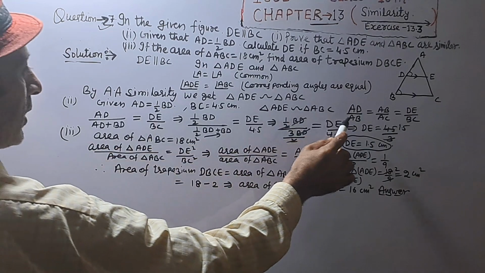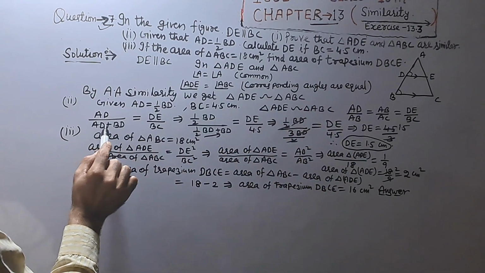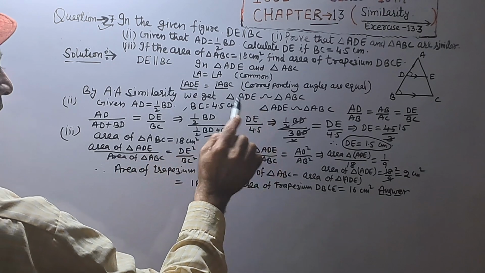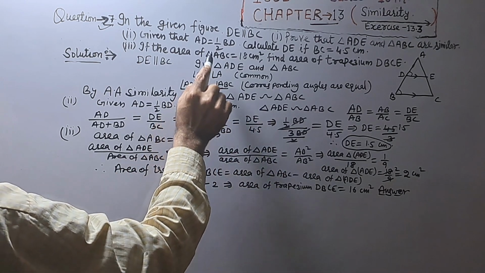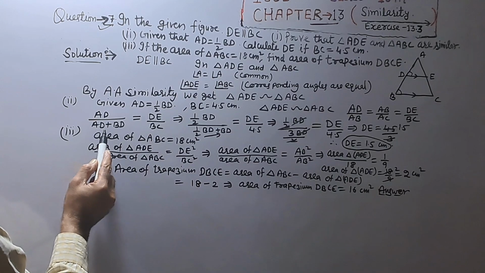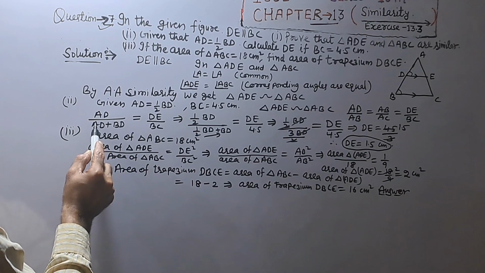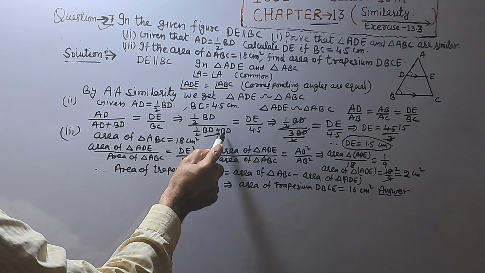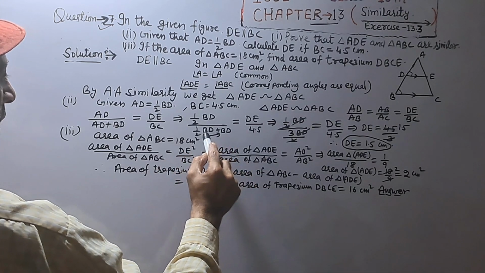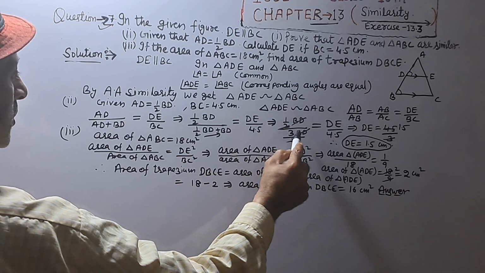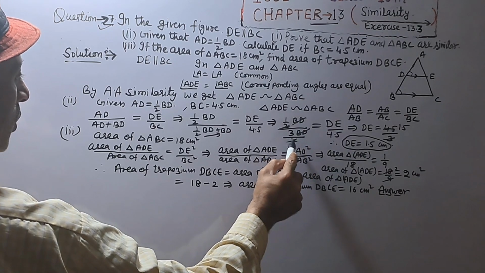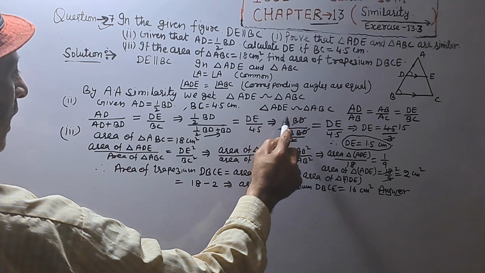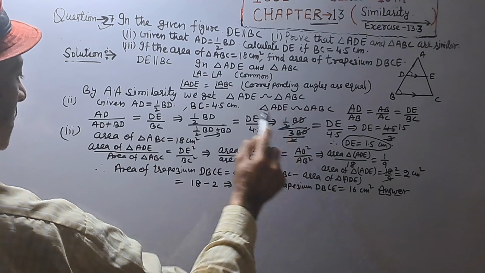AD upon AB can be written as AD plus BD, and given AD is equal to half of BD, we are putting AD is equal to half of BD. 2 multiplied by BD, that is equal to 2BD plus 1 BD is equal to 3 times of BD divided by 2. 2 is cancelled, BD cancelled, and we get 1 upon 3.